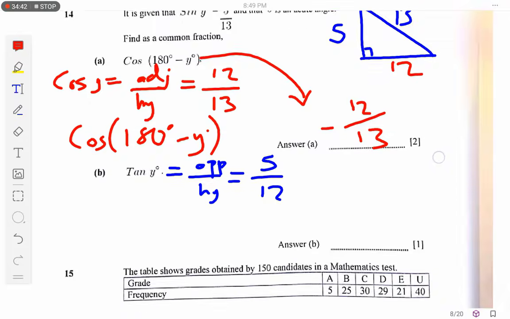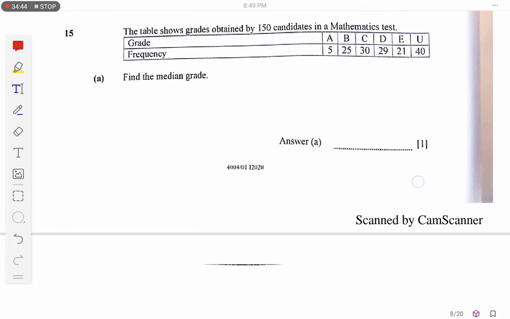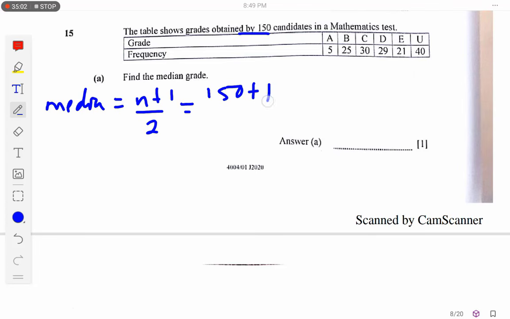Let's move on to the next question. This question is asking us to find the median grade. When I want to find a median, I can simply say median is equal to (n plus 1) over 2. My n is 150 there. So (150 plus 1) over 2, I'll get 75.